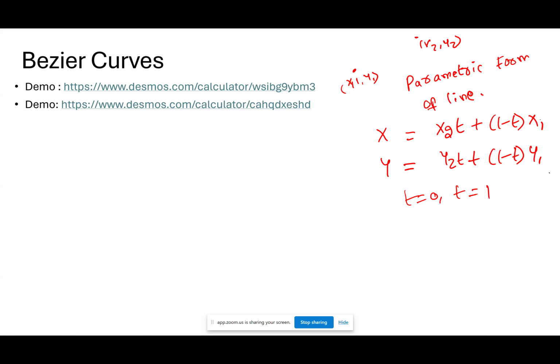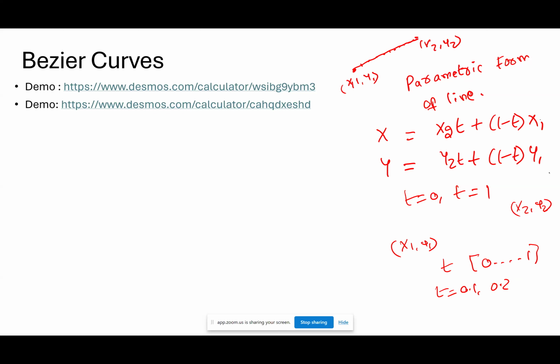You have only one of the terms. Yeah, only one of the terms. When we substitute t equal to 0, it gives x1, y1, and when we substitute t equal to 1, it gives x2, y2. And when you vary t from 0 to 1, like t equal to 0.1, t equal to 0.2, and substitute these values, what you get are the intermediate values.